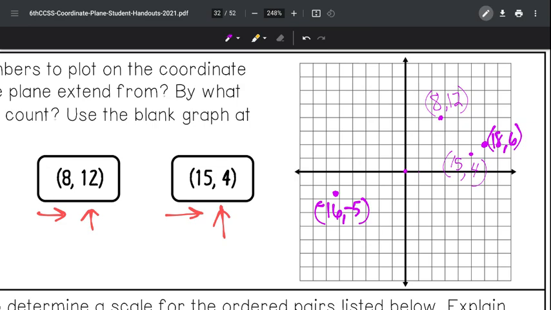Okay, so you could label your X and Y axis and do like 3, 6, 9, 12, 15, 18, 21. Now obviously these would be the negatives on this side. And then up 3, 6, 9, 12, 15. And the downs will be our negatives.